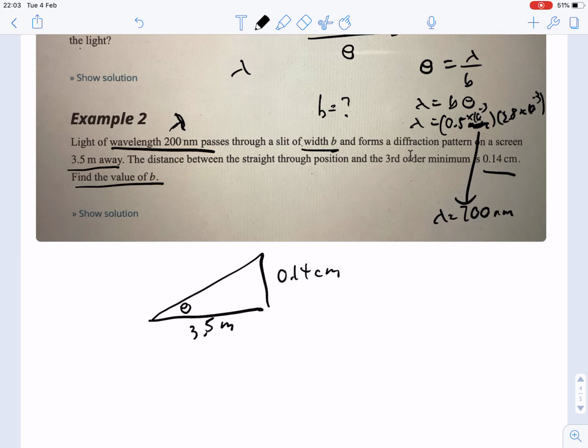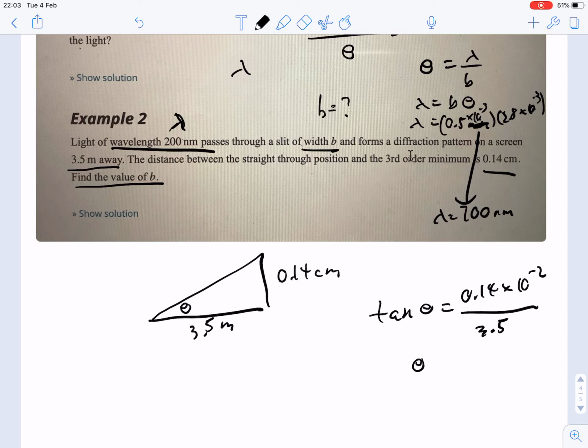If we punch that in, tan theta equals opposite, 0.14 times 10 to the power negative 2, that's in meters now, over 3.5.